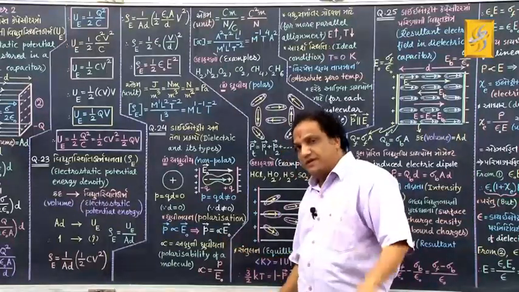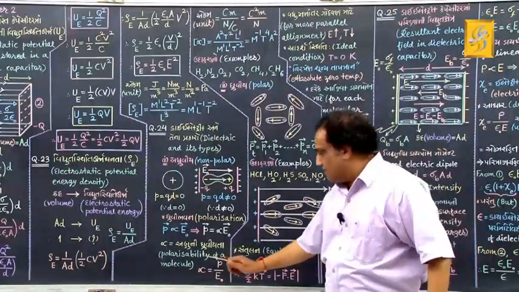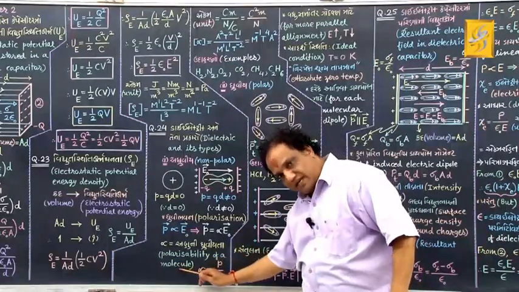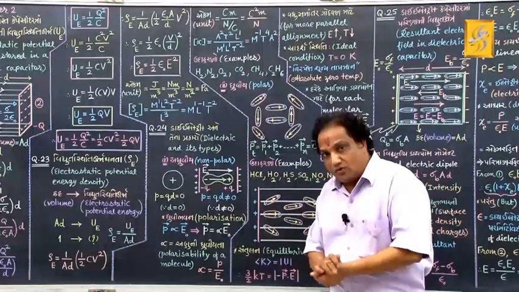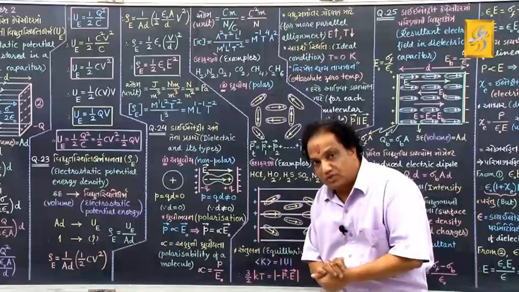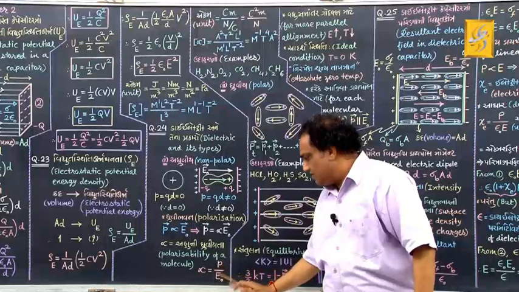What is alpha? It is called the polarizability of a given molecule. Now what about magnitude on both the sides? If you take it, then P equals alpha into E0. Find out alpha, it will be P upon E0.